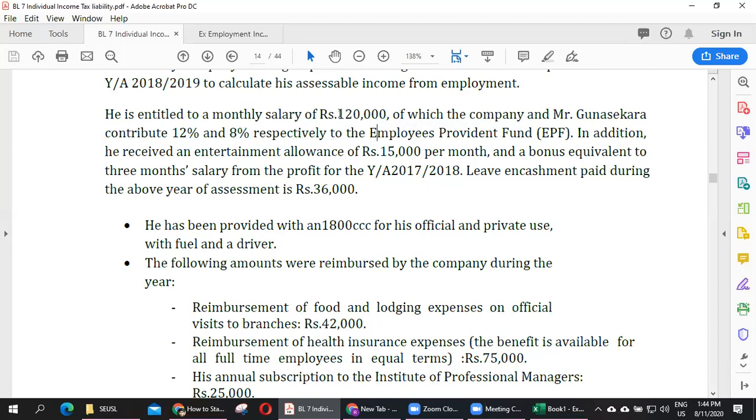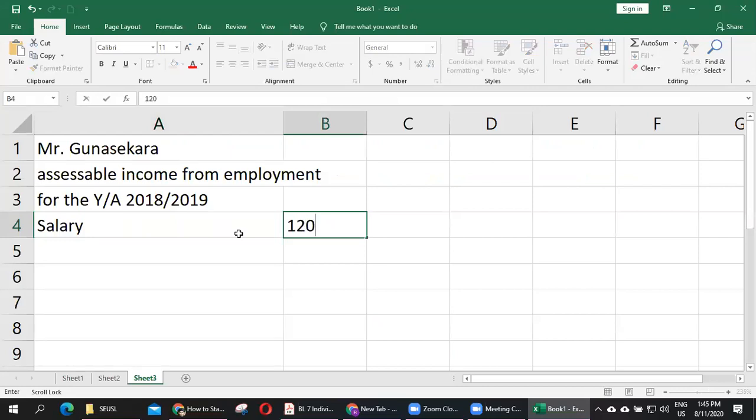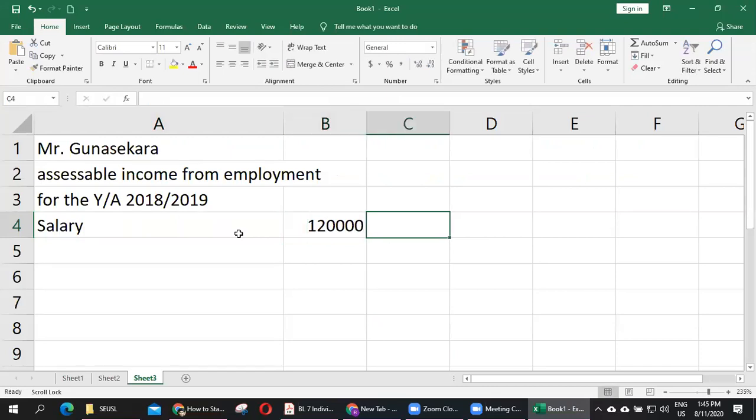We have to take the total, net or gross amount. Which will we take? Either 120,000 or after deducting 8%? The total amount, which means 120,000. Yes, good. Is that a monthly salary or annual salary?